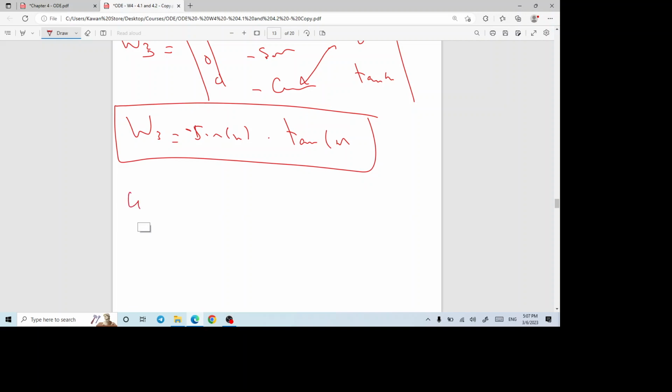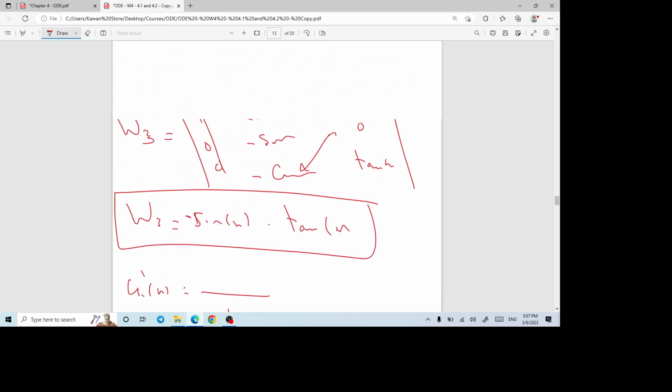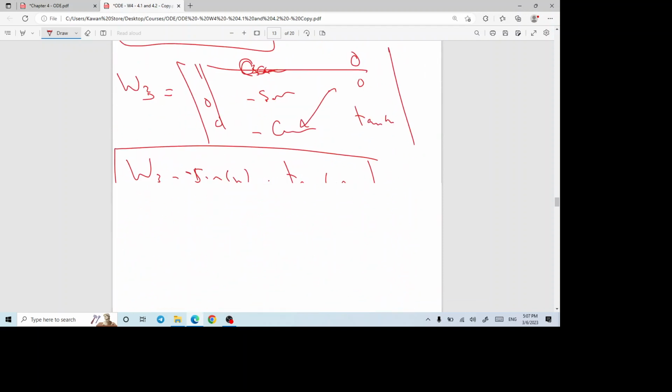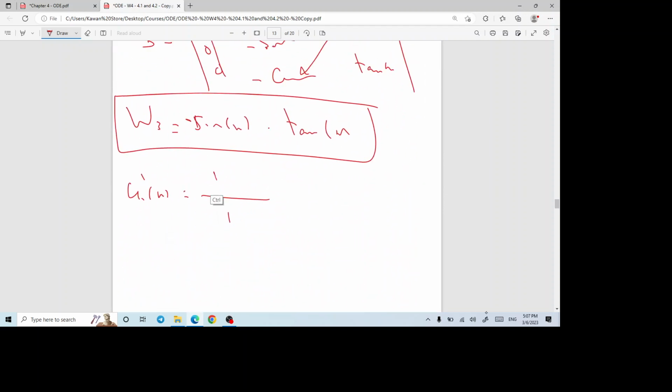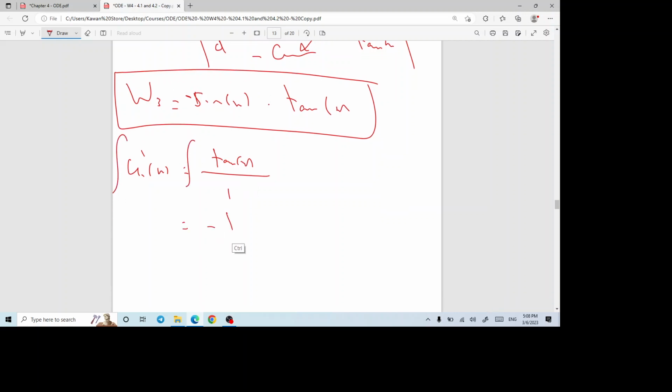So u1 equal to what? W1 over W, and W was 1. How about W1? Tan. Okay, tan. So the integral of tan equals what? Am I right?